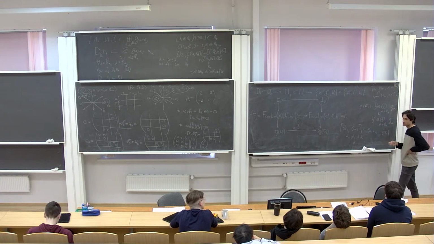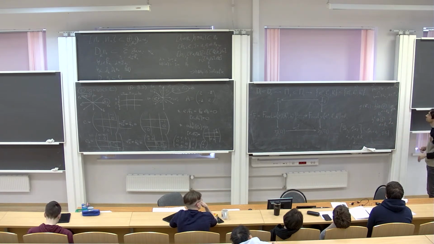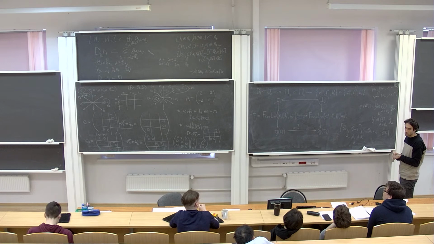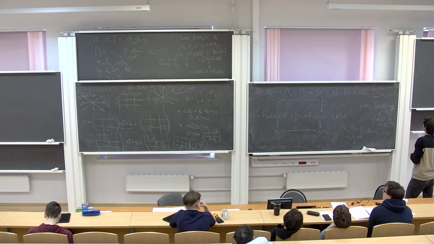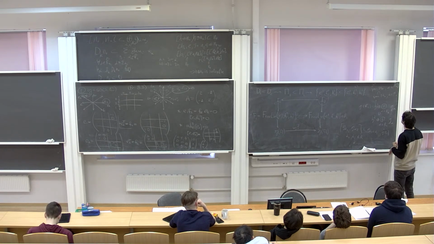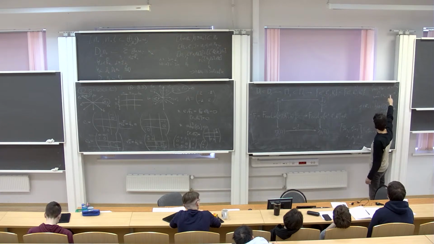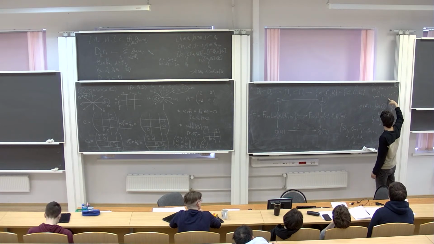Why so? Because R_1 is actually a restriction, an intersection. So you have this span. This is the complex span, right?